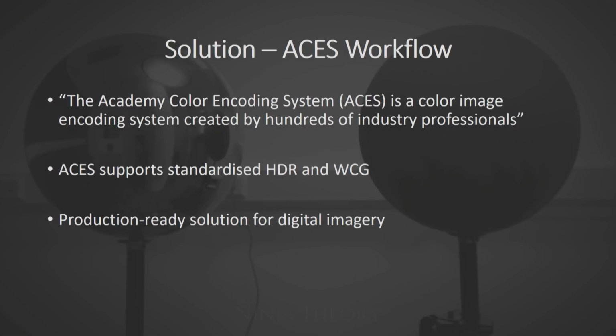So it's really good because it supports HDR, wide color gamut, out of the box, because the film industry is really concerned with that too. And because it's been proven on so many motion picture films, we know it's production ready. We know it works with digital imagery, and they're having the same problems that we have now with HDR, wide color gamut. There's no reason why we can't adopt an ACES workflow to work for our game systems.